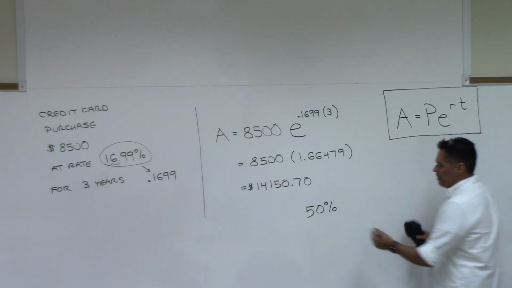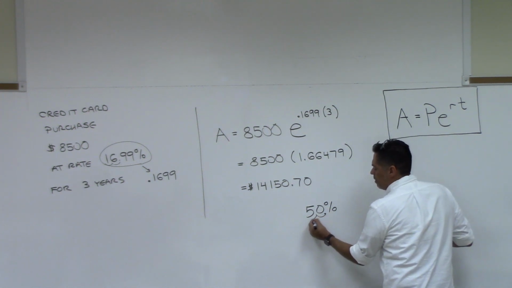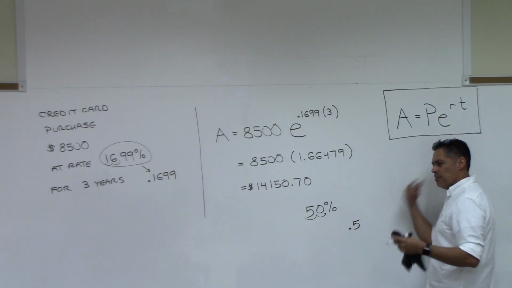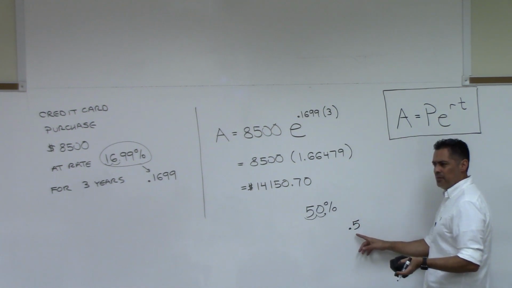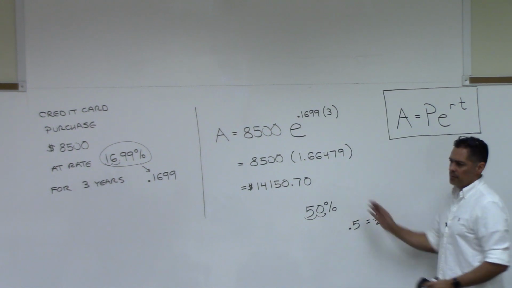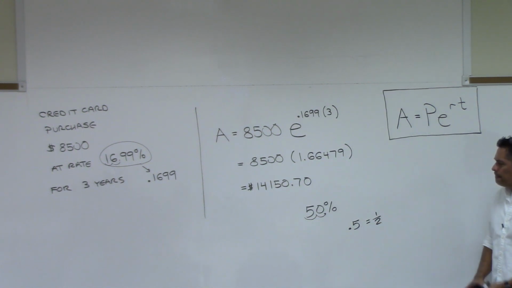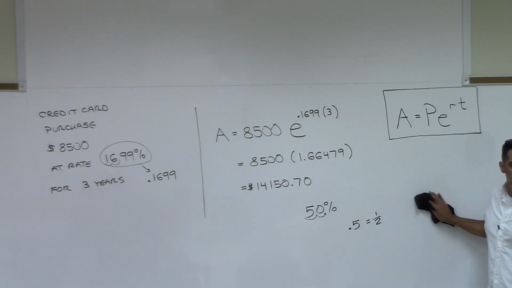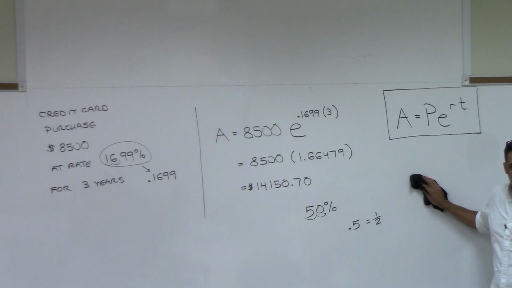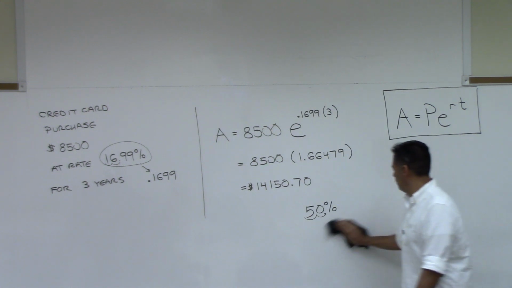Well, if you take the decimal point and move this over 1, 2, you get 0.5. And maybe 0.5 to you in your mind makes sense that that's half, right? Right, that 0.5 is 1/2. So 50% is 0.5. Okay, do we need to do more of these? You think you get it? You understand? Everyone good? Clear?